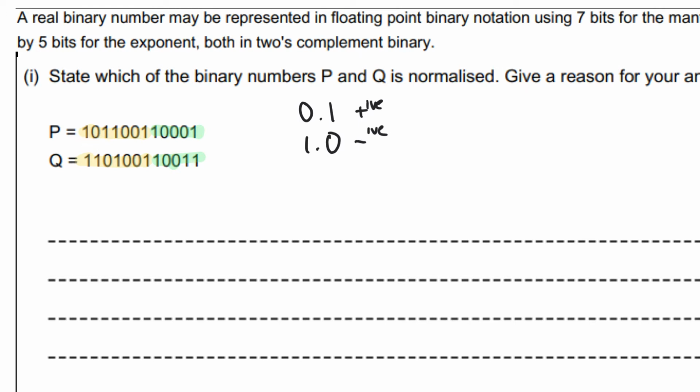Is that normalized? Looking at these questions, we can see that the position of the point should be between the first 2 values here, between the most significant bit and the one before it. And that would be 1.0, meaning it is in a normalized form and a negative number. For this one, for q, the point would be between 1 and 1, thereby meaning it is not normalized. In fact, what we'd have to do to normalize it is to move the point 1 over here, and then because that would involve the mantissa becoming larger, we'd have to decrease the exponent by 1.